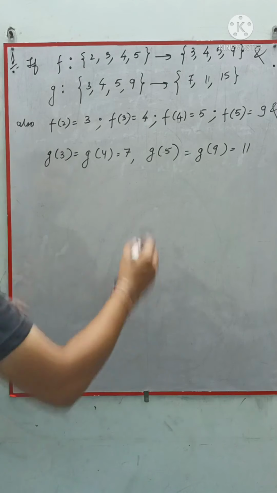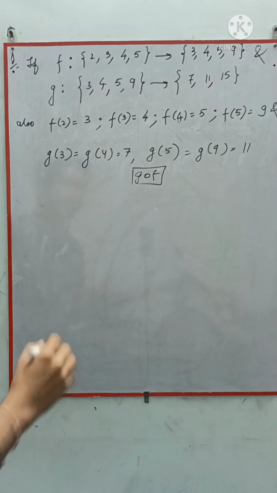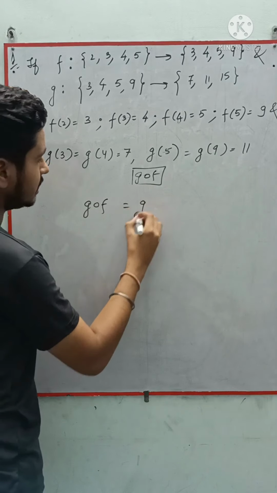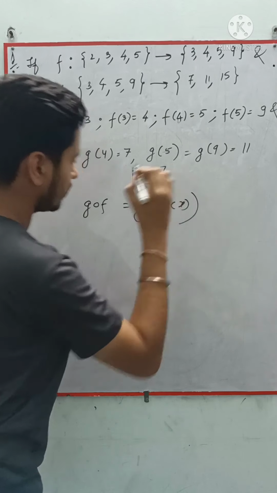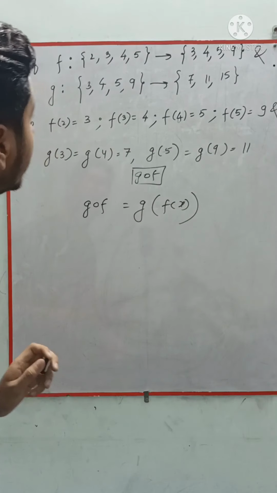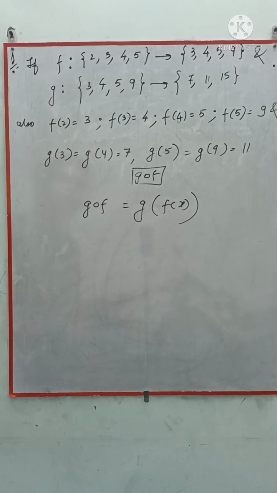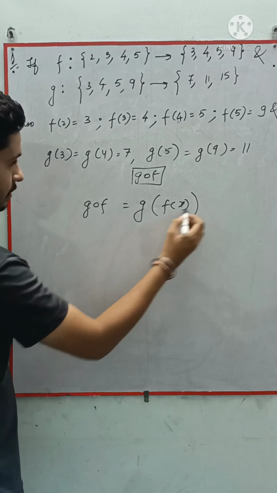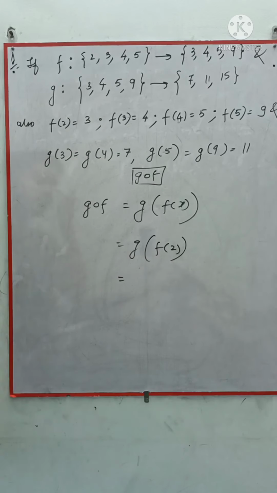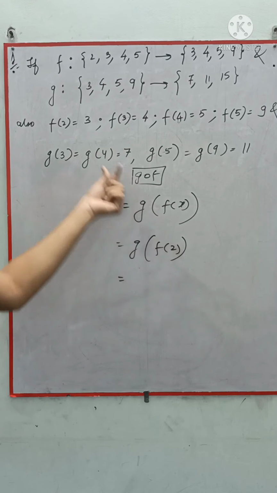We need to find g of f. I already told you that g of f is g of f(x), function of function. Now if you take x as 2, what will we get? g of f2. We have f2 value which is 3, so can we replace this f2 with 3?